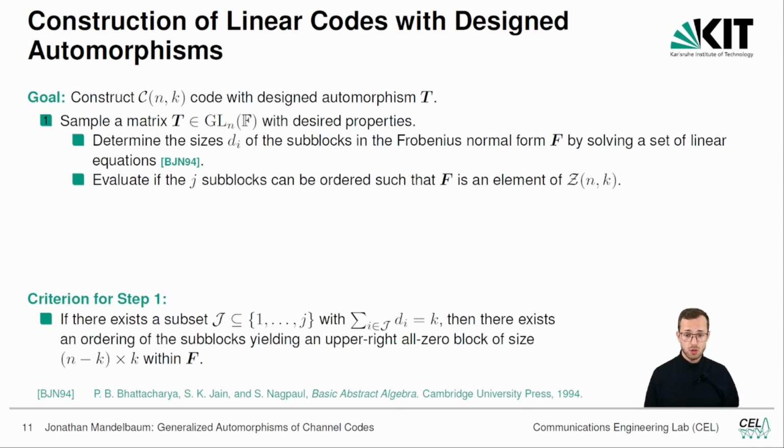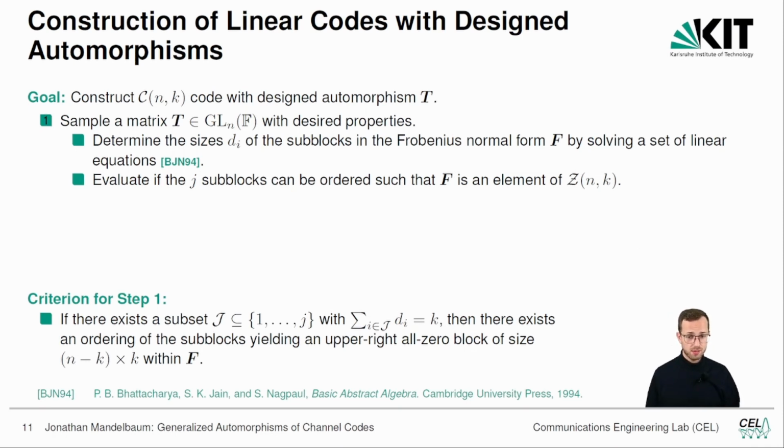Afterward, we check if we can arrange those subblocks such that F possesses the 0 block in the upper right corner. To evaluate this, we propose the following criterion.